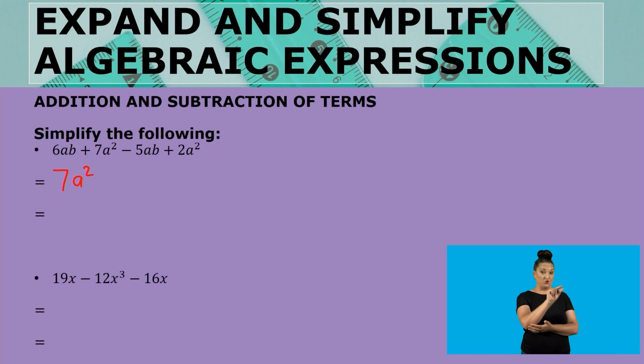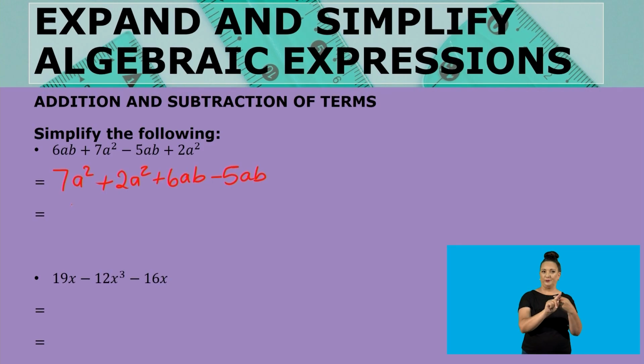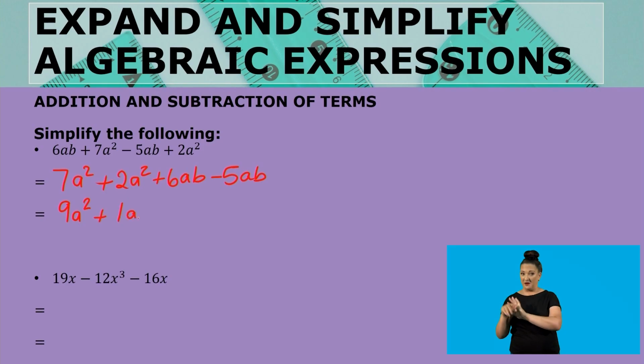We've already identified 7a squared and 2a squared as like terms. Now we also have the 6ab and the 5ab. So now we have 7a squared plus 2a squared, that is 9a squared, and we have 6ab minus 5ab, that will leave us with just 1ab. Let's go on to the next one.